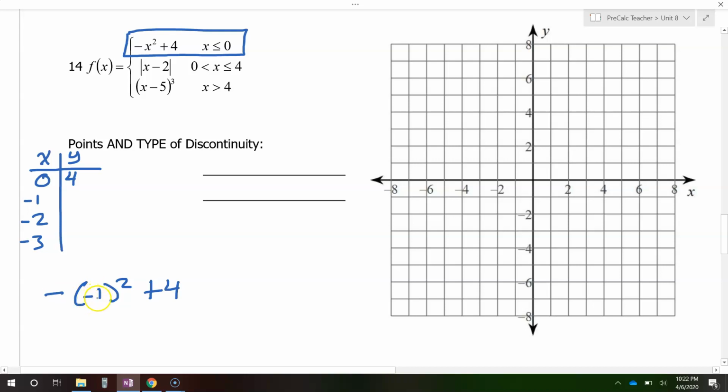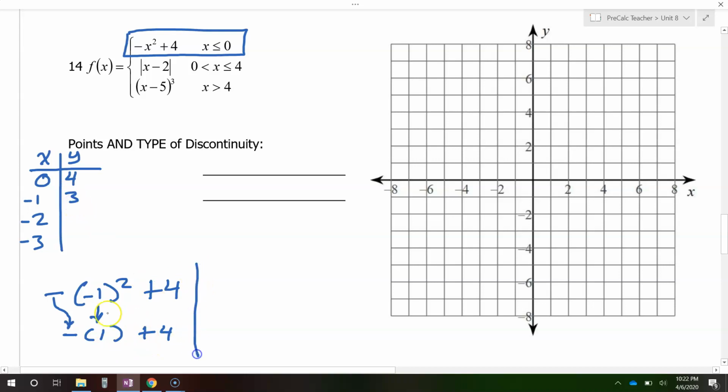So -1 squared is +1. So this becomes a +1, but then the negative comes on it because of this. So it actually becomes a -1 plus 4, which will give us 3.